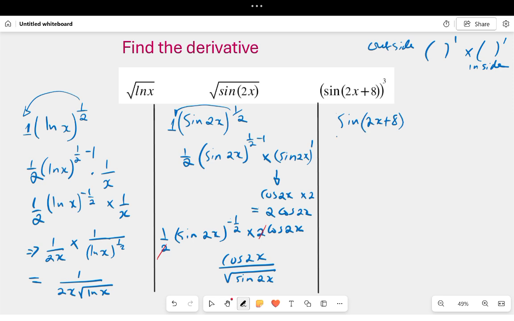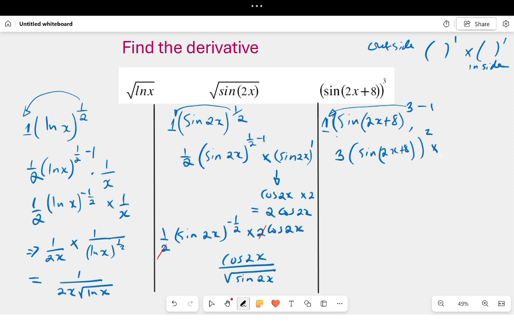The coefficient of the outside bracket is 1, so 3 times 1 is equal to 3. Then we subtract 1 from the power, which gives 3 into brackets sine 2x plus 8, and all of this squared.